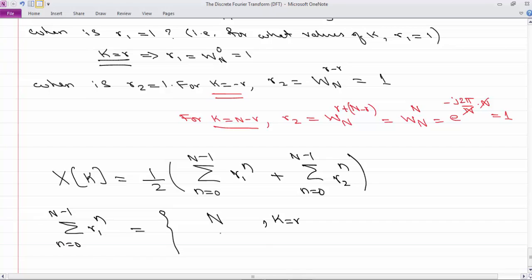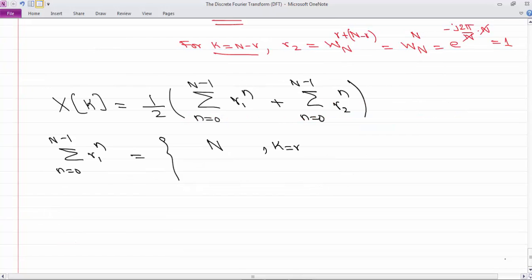So that is equal to capital N. Now, for k not equal to R, and k still in the range 0 to N minus 1, we'll now use the geometric sum formula, which is 1 minus R1 to the N over 1 minus R1.